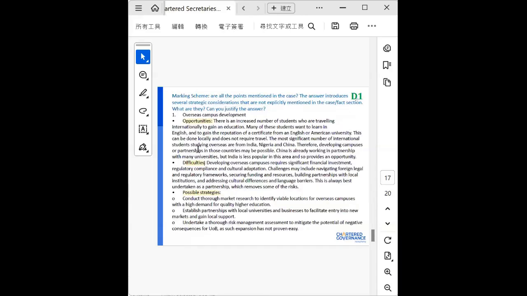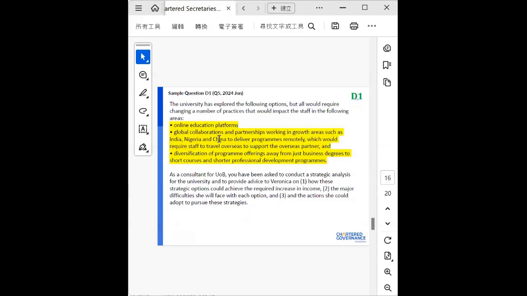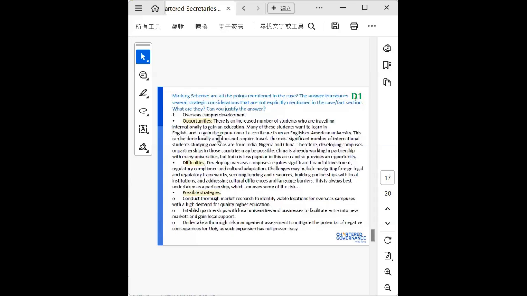So maybe we look at one of the answers. Here I won't go through all the full answers with you, but you can see how they structure the answers, right? Say overseas campus development. That is one of the options here. You have to develop the overseas campus.